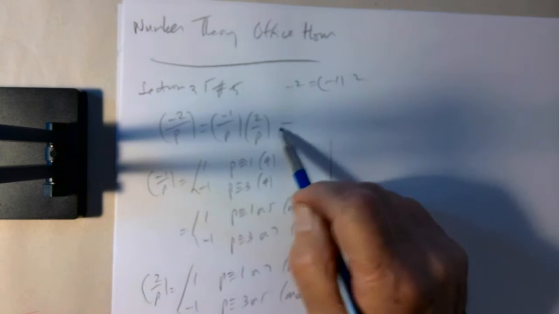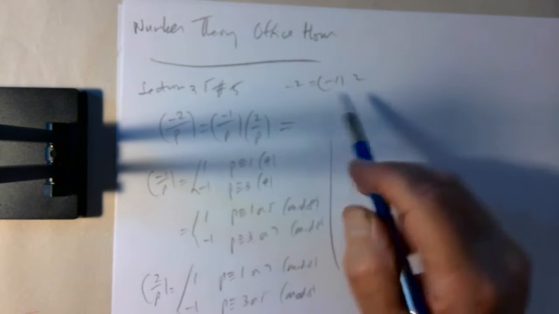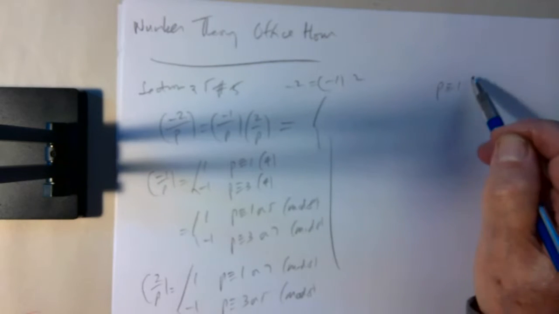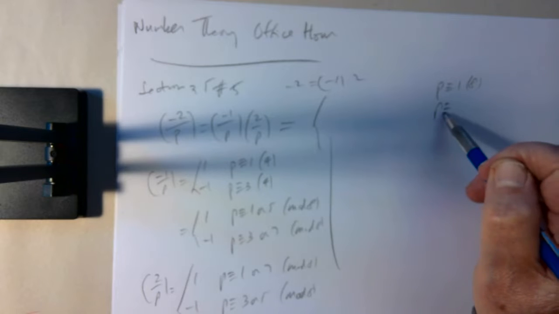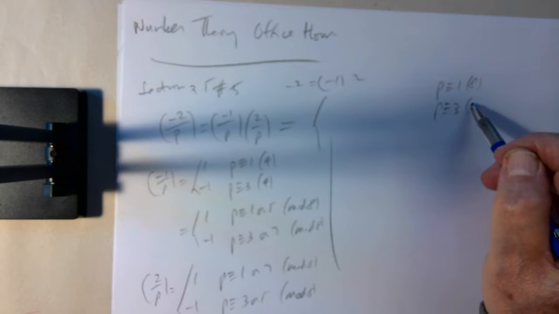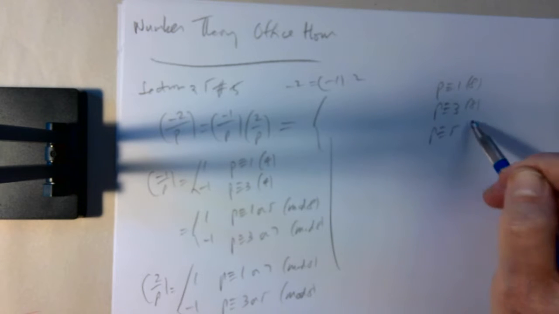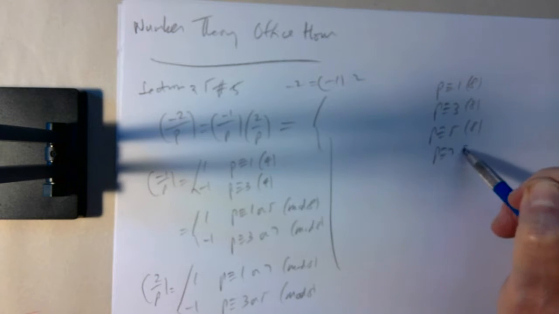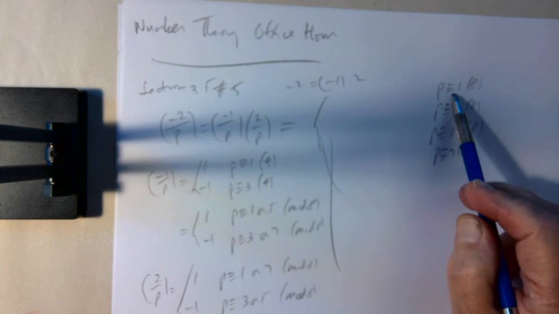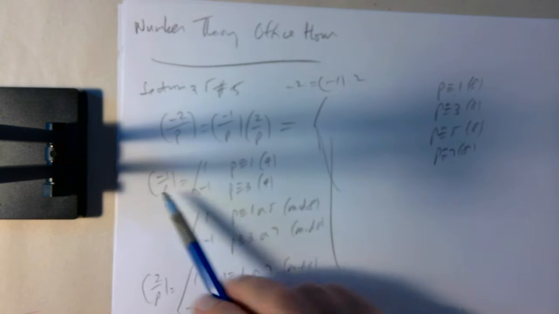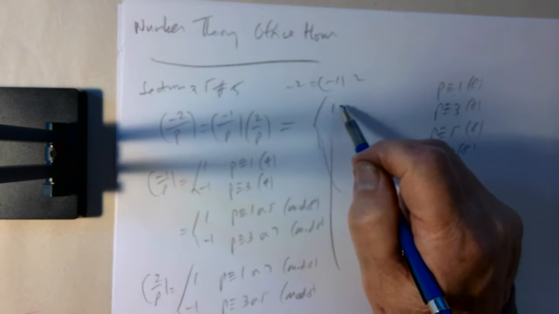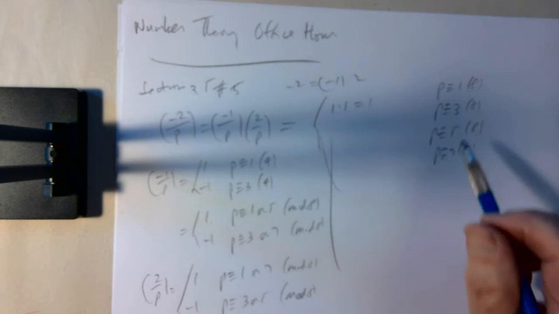So this is (-1 over p) times (2 over p). What are the cases? p is a prime, so it's an odd number: p is congruent to 1, 3, 5, or 7 mod 8. If p is 1 mod 8, (-1 over p) is 1 and (2 over p) is 1, so the product is 1.